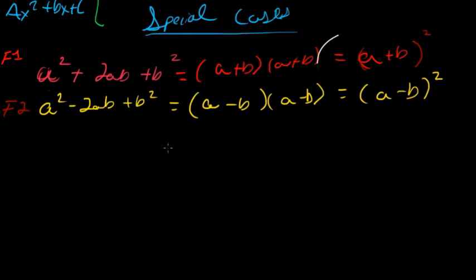So let's go ahead and do this here. Let's get an example problem. Well, first of all, let's talk about how to recognize these special products, okay? Let's start off with a general statement.